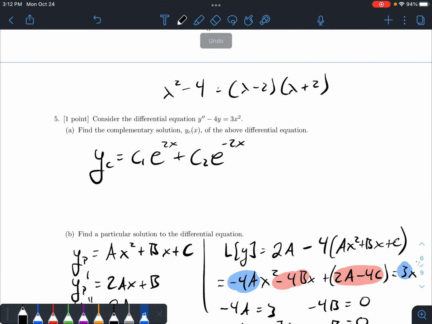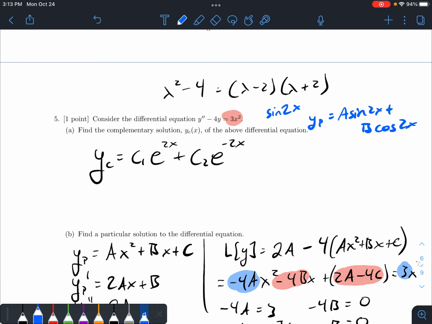Some other things to remember here. This 3x squared could be a couple of different looking things. Like if this were sine of x or sine of 2x, then your particular solution's form would be a sine of 2x plus b cosine of 2x.